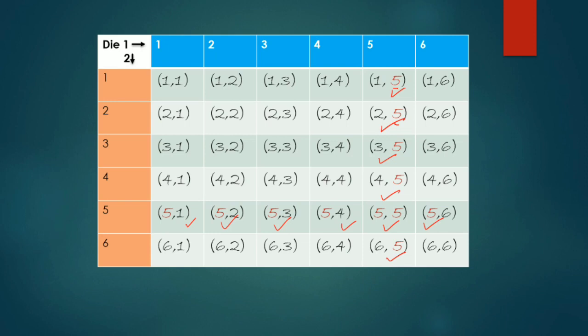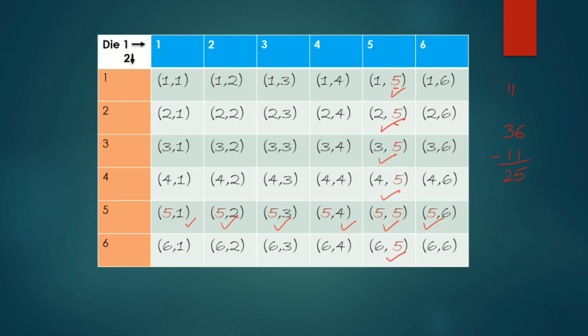So 11 times 5 is coming. Right? So how many times is 5 not coming? Total outcomes are 36. 11 times 5 is coming. So it means 25 times 5 is not coming. So the probability of 5 not coming will be 25 by 36 because favorable outcomes are 25.